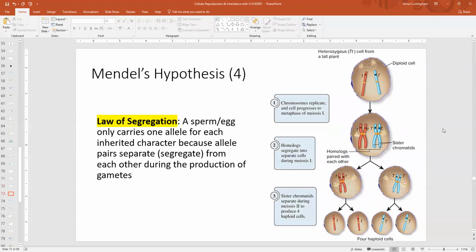The law of segregation says that when you generate those haploid cells via meiosis, it is completely random which of those 4 sperm cells, for example, will receive which chromosomes. So basically, which alleles, right?